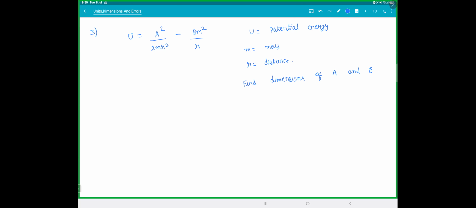ML square T minus 1. Samyak, that is right. Siddesh, that is right. Listen, I'll help you here.